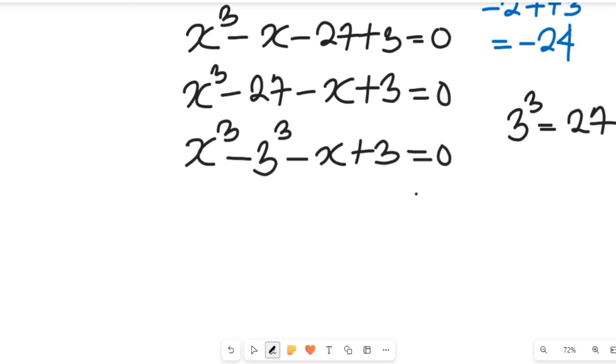Fine. Now recall an algebraic formula. In that algebraic formula, if we have a to the power of 3 minus b to the power of 3, this will be equal to a minus b, right?